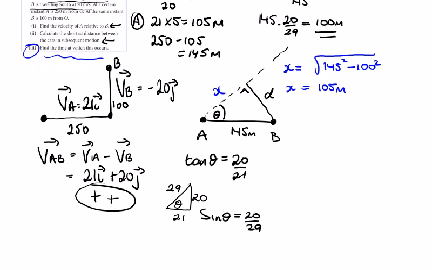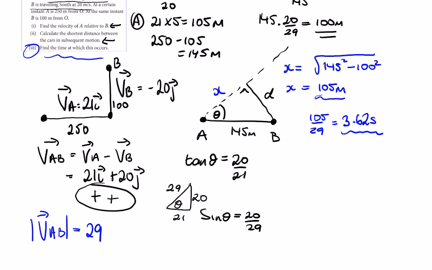And the relative speed, so this is my relative distance, the relative speed is the magnitude of the velocity of A relative to B, which we've already worked out to be the hypotenuse, which is 29. So we have 105 divided by 29. 4 times 29 is going to be a little bit too much, so it's going to be 3 point. Let's do this one, 3.62 seconds, the time at which this occurs.